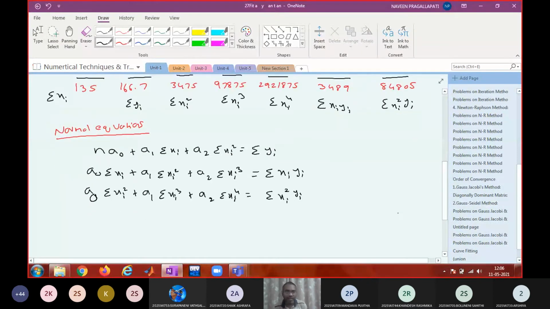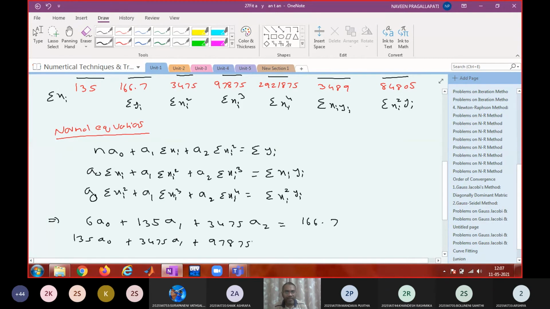Now substitute the values: 6 a0 plus 135 a1 plus 3475 a2 equals 166.7; 135 a0 plus 3475 a1 plus 97875 a2 equals 3489.